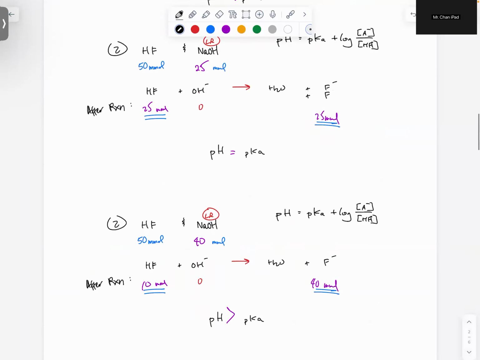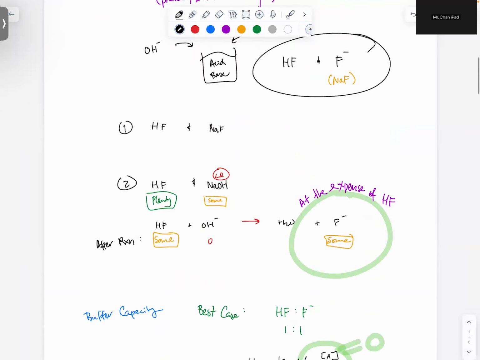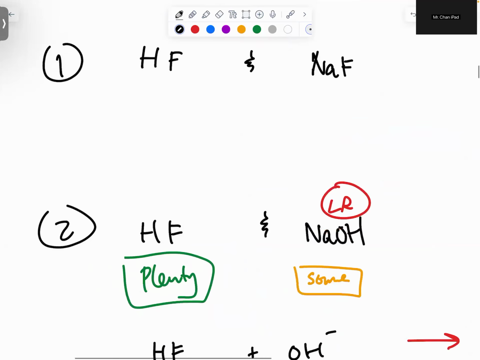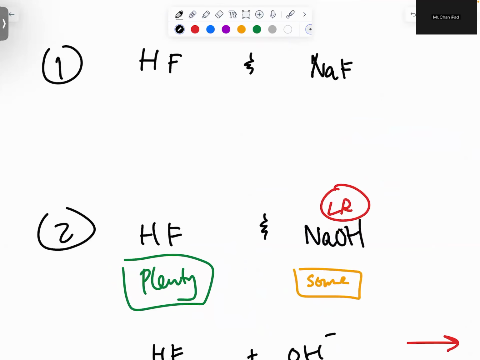How can you build it? There are two ways you can build it. You can build it by having just acid and conjugate base added together, or you can have weak acid and strong base. So to make the conjugate base appear, it would be done at the expense of the weak acid.